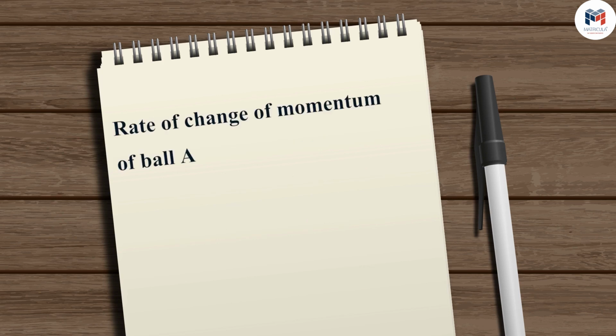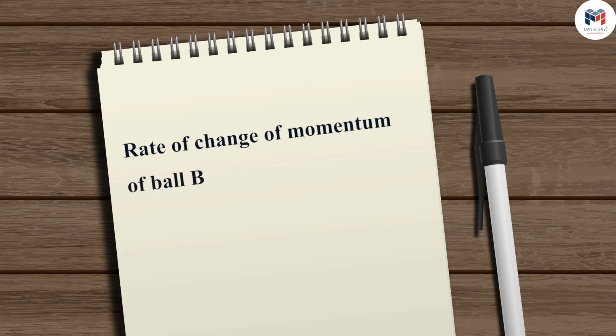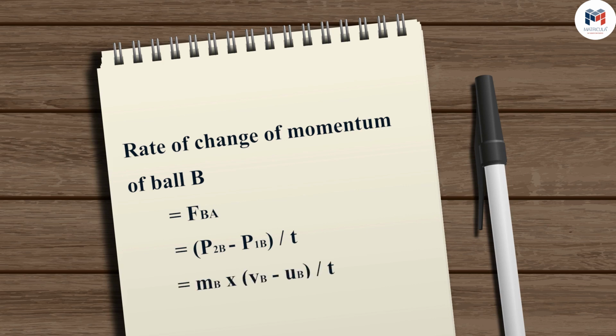Then the rate of change of momentum of ball A, which is equal to FAB, which is equal to P2A minus P1A divided by T during the collision, will be ma multiplied by (Va minus Ua) divided by T. In the same way, we can say the rate of change of momentum of ball B, which is equal to FBA, which is equal to P2B minus P1B divided by T during the collision, is mb multiplied by (VB minus UB) divided by T.